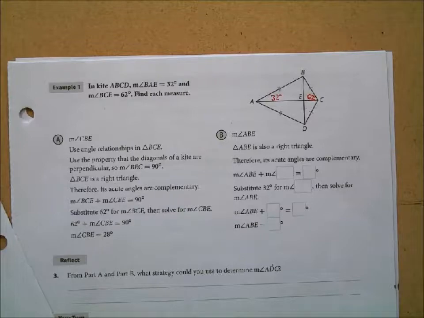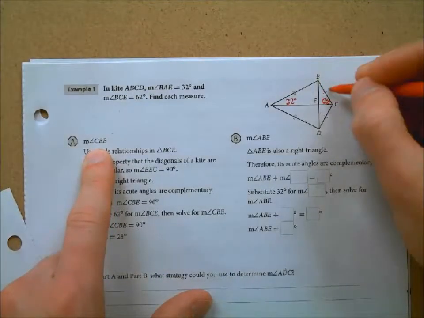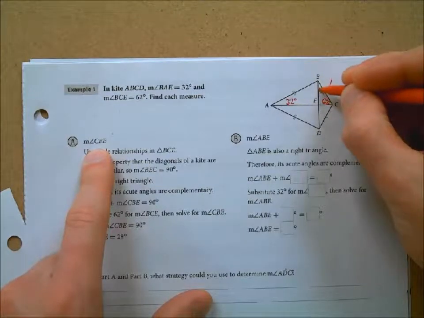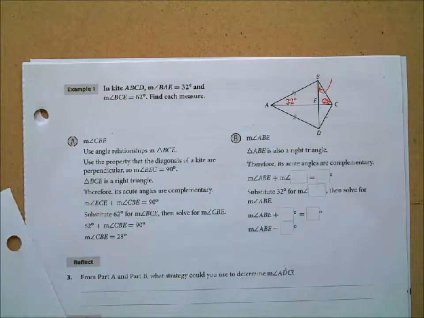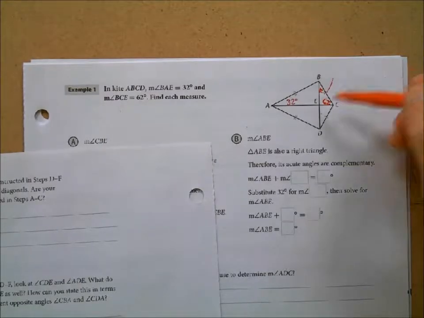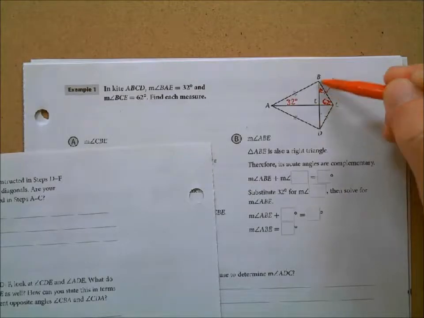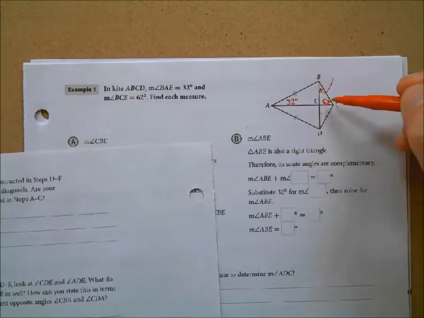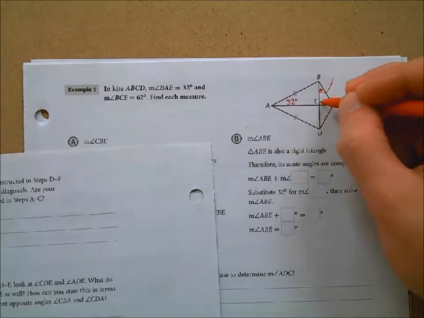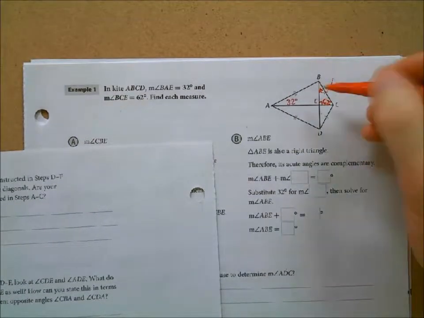We're going to find each measure. We want to find the measure of angle CBE. That's this angle right here. What kind of shape do we have here, BCE? It's a right triangle. So if we know that's 62 and that's 90, and we know the diagonals of a kite are perpendicular, how can we find this missing angle CBE?